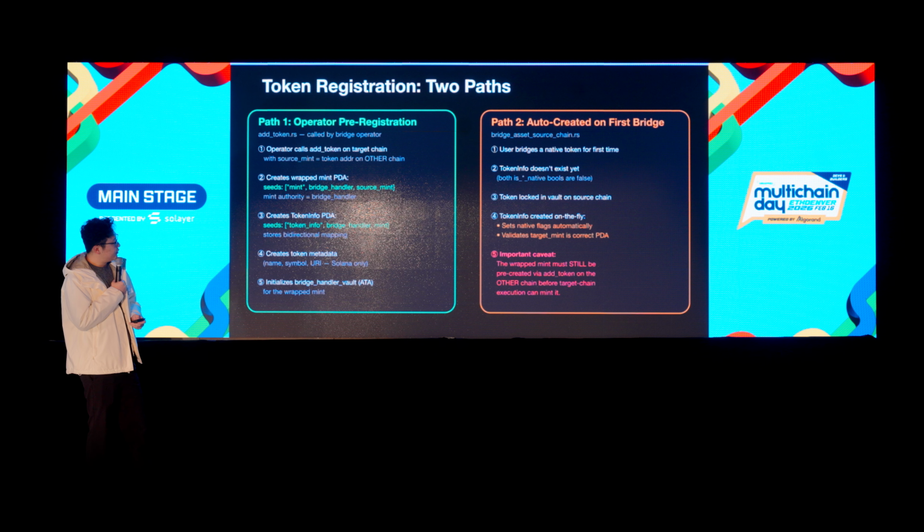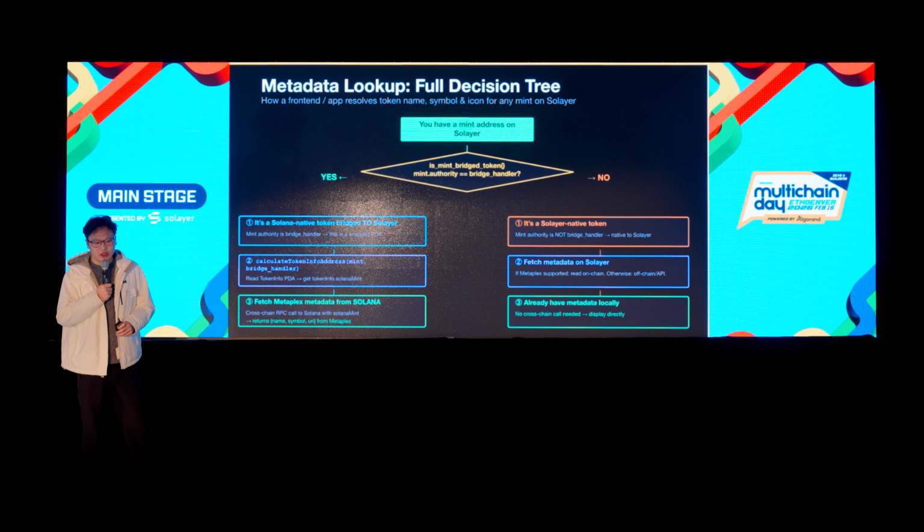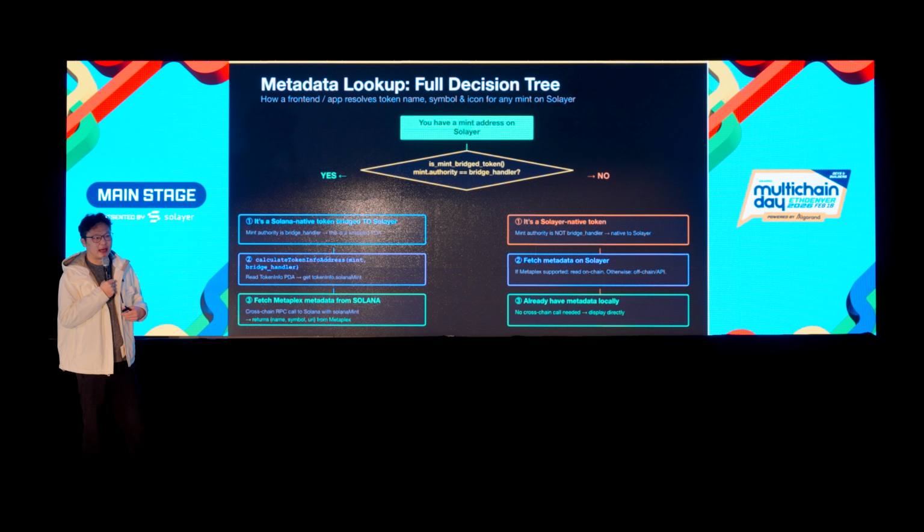So for the last few seconds, I just want to show metadata lookup. One of the tricky things is how do you also include the metadata when you bridge the token over, right? So there has to be a lookup process. And the lookup process is such that on the Solayer side, we actually check if the token is bridged. And you can do that again in a deterministic way.